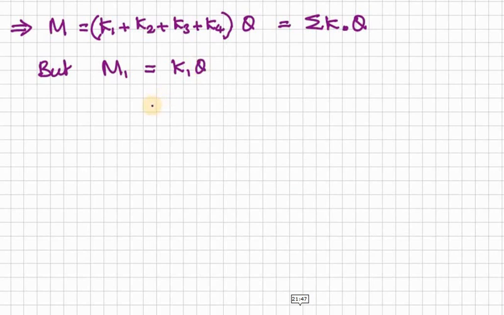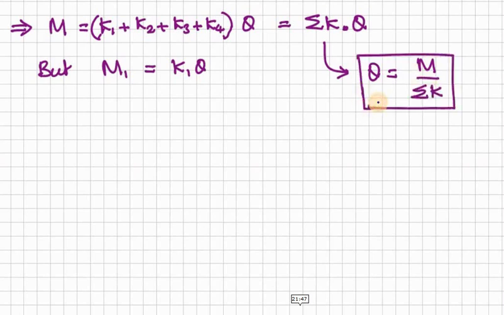Therefore, K1 into theta is nothing but K1 into M divided by sigma K. Therefore M1 is equal to K1 divided by sigma K into M.